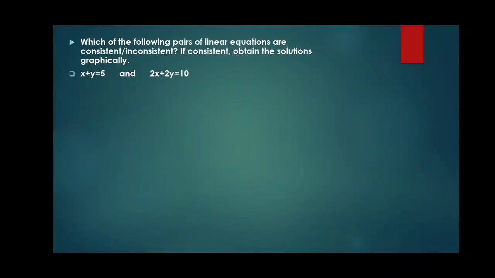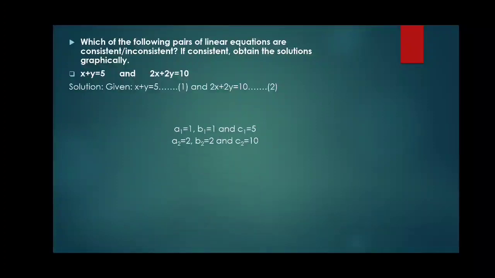To determine whether they are consistent or inconsistent, first let us write down the respective coefficients. So first, given x plus y is equal to 5, equation 1, and 2x plus 2y is equal to 10, equation 2. So here are the coefficients a1, b1, c1 and a2, b2, c2.